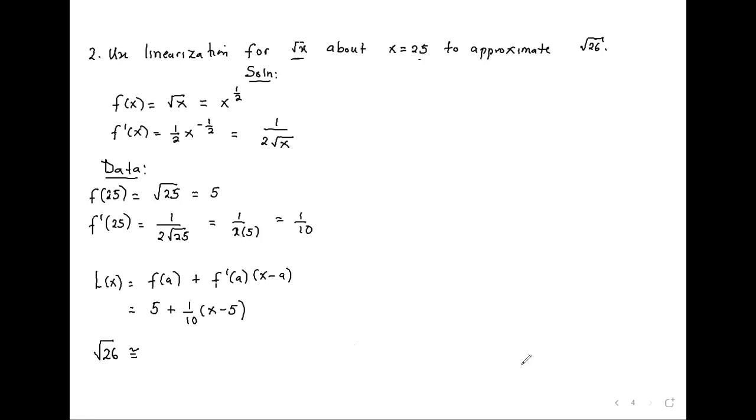So approximately the root of 26 is going to be 5 plus 1 over 10 times (26 minus 25), which is 5 plus 1 over 10, and this is 5.1.